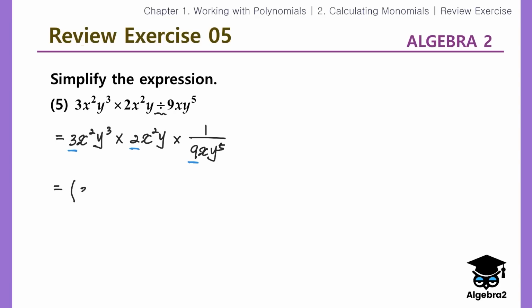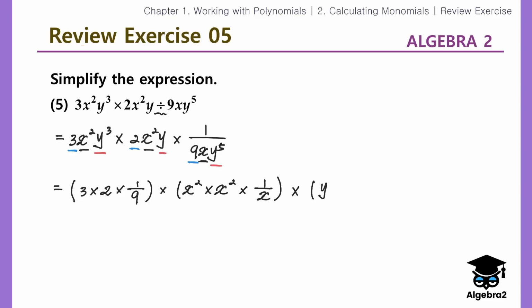So 3 times 2 times 1 over 9, and times we have x squared, and 1 over x, times we have y cubed y, 1 over y to the 5. So y cubed y times 1 over y fifth, right?